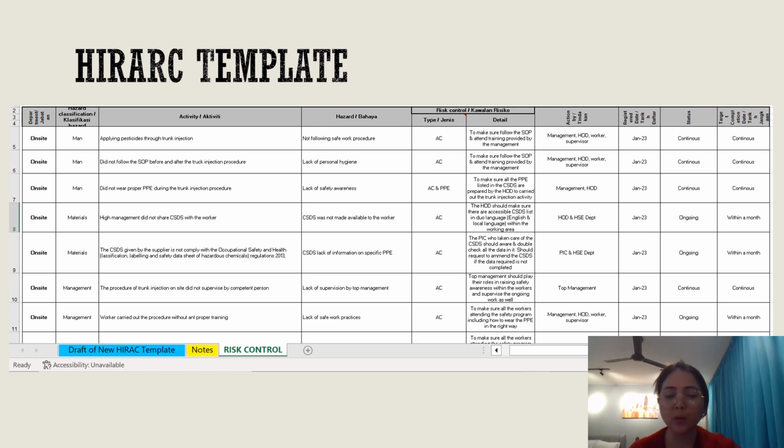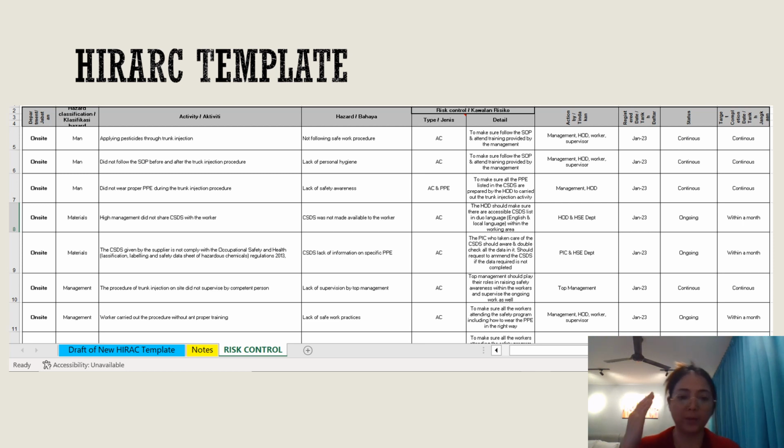Then we see who is taking this action. For the first situation, we assign the management, the HOD, the head of department, the workers, and supervisors to make sure everyone is following the SOP.